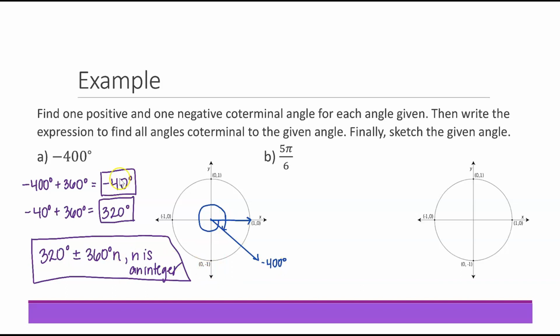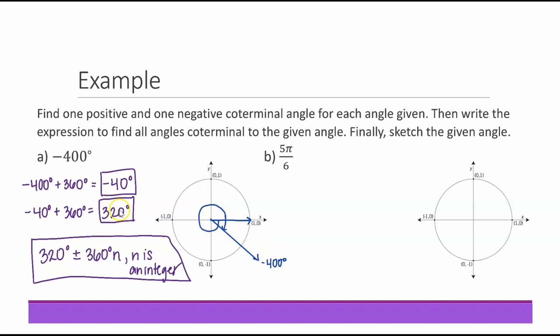And when we find these coterminal angles, when sketching these, they will take me to the same terminal side. So in other words, negative 40 degrees here would start along the positive x-axis and go in a clockwise direction because it's negative, and it's going to take me down here, and it's going to end along the same terminal side.